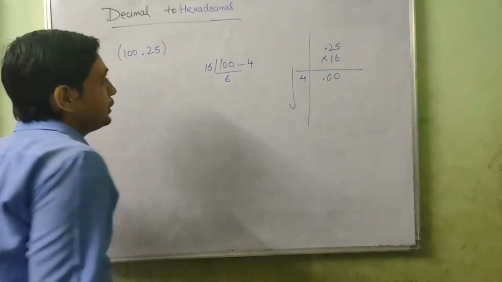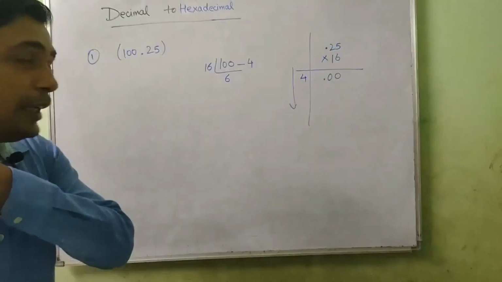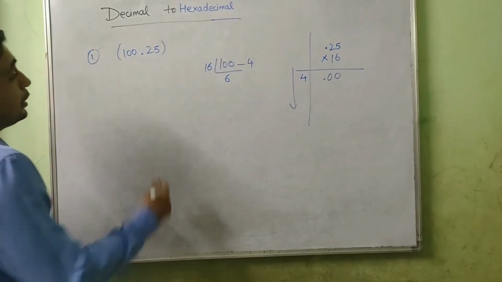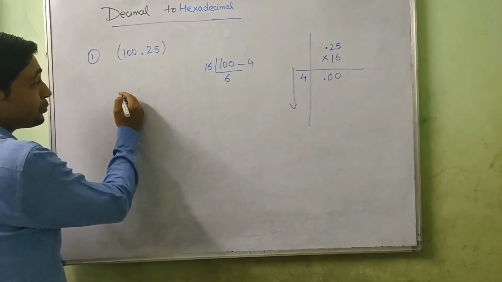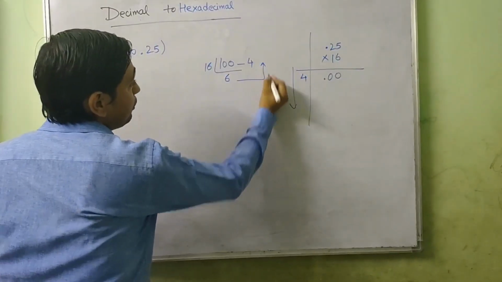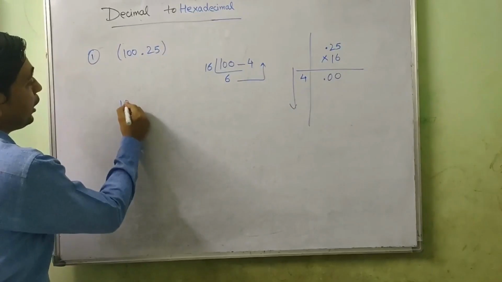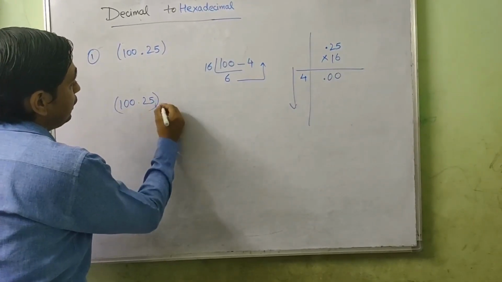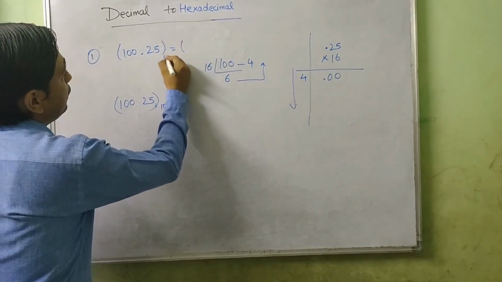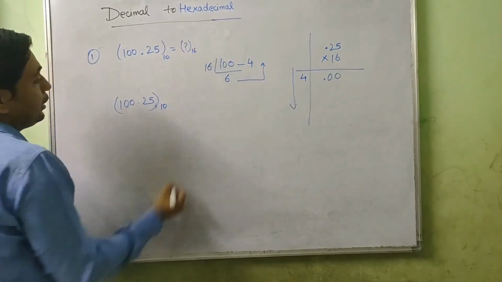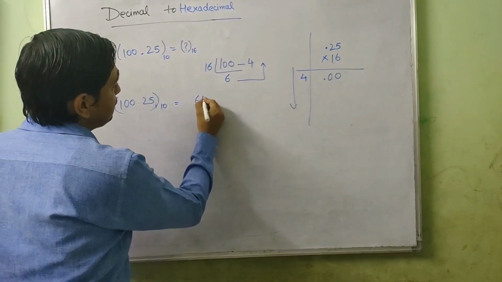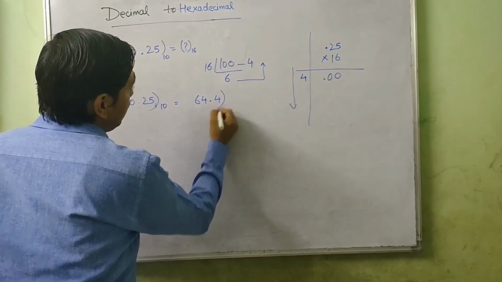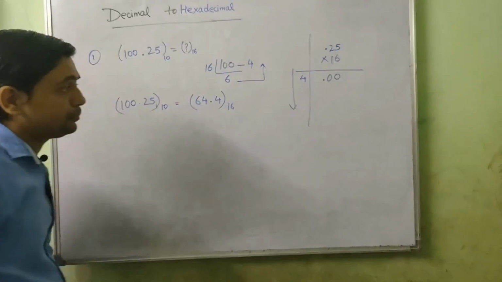Okay, 16 6s are 96, so the remainder will be 4, right? So let's note down. This will be read from bottom to top, and this from top to bottom. So 100.25 in decimal will be represented as 64.4 in hexadecimal.